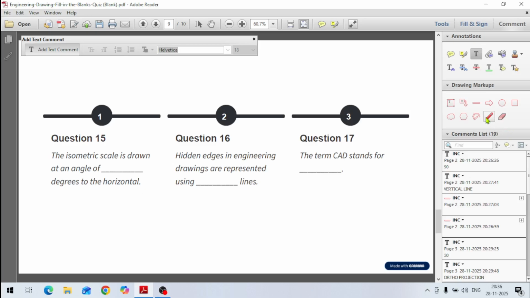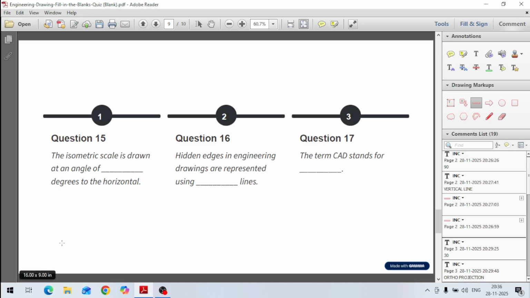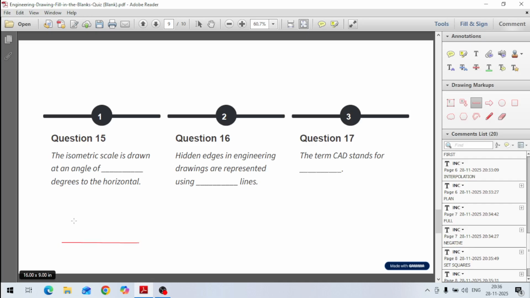If you draw a line horizontal like this and then draw a line at 30 degree from here, and we generally also draw a line at 45 degree like this.